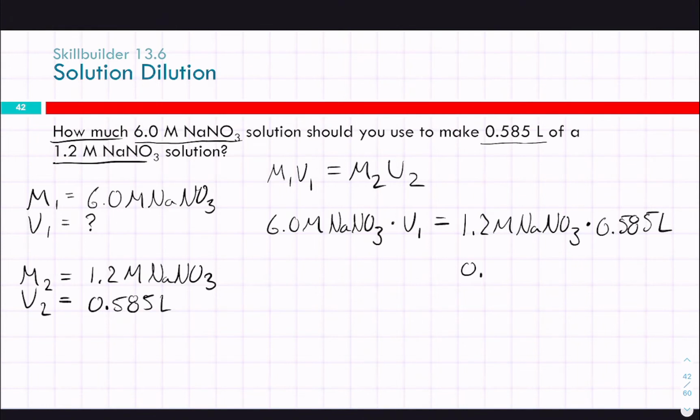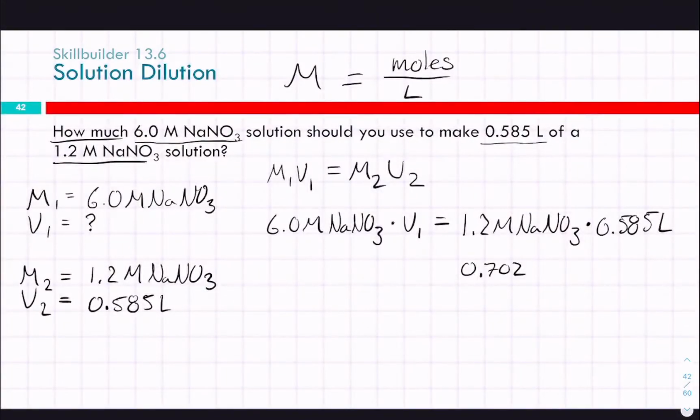That's going to be 0.702. And then the units here, remember molarity equals moles over liters. So our units now, because we multiplied liters by moles over liters, is just going to be moles of NaNO3 equals V1 times 6.0 molar NaNO3.